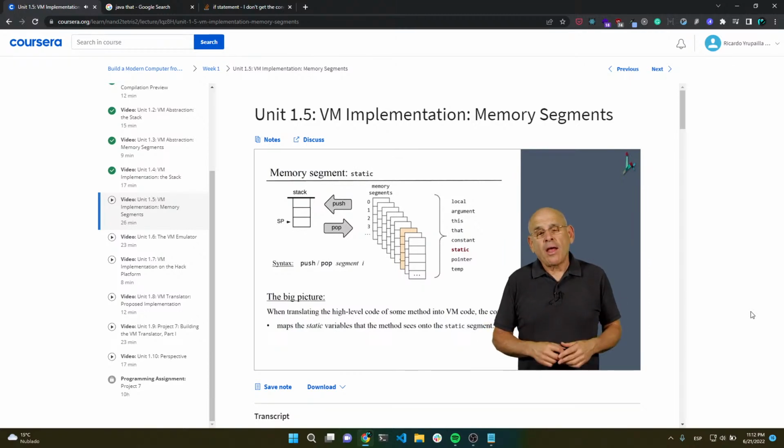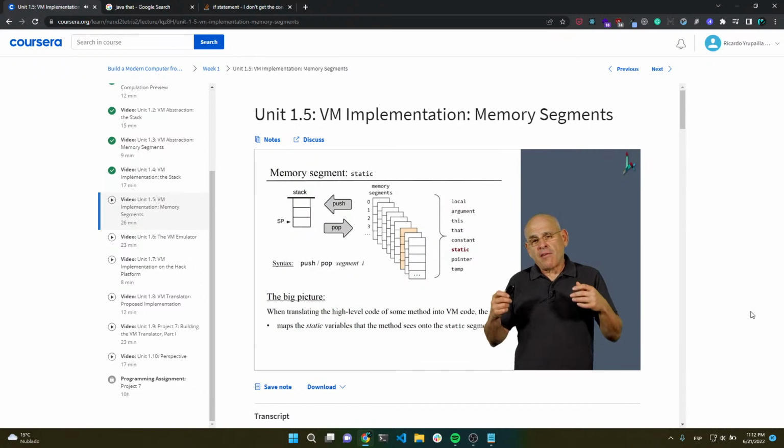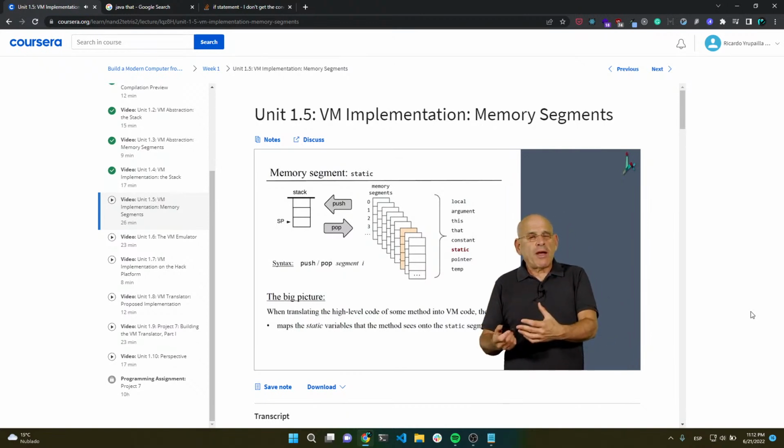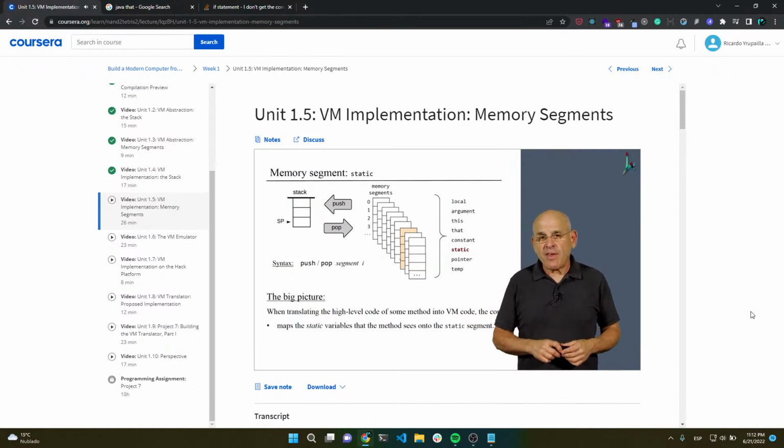And therefore, we've decided that in the virtual machine abstraction, we will use a dedicated segment called static to represent static variables in the source code. So every operation on a static variable in the source is going to be re-expressed as a push static i or pop static i operation at the VM level.